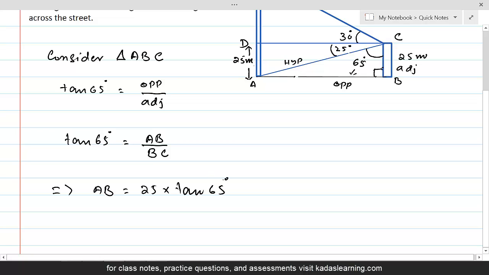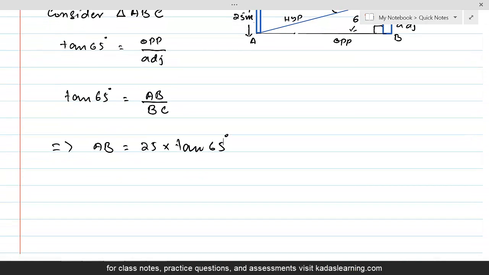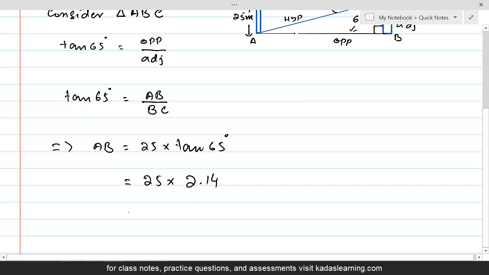And the value of tan 65 is 2.14. If we substitute the value, 25 times 2.14 will give us the value for AB, which is equal to 53.5 meters.